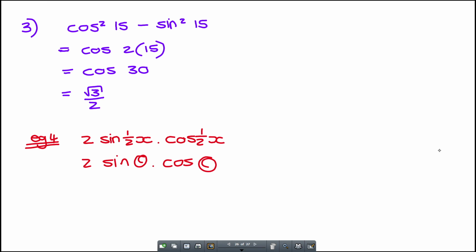Okay, so nou gaan ek daai eerder skryf as sin 2 keer 'n half x. Nee, want is sin 2 theta gewees. Okay, en 2 keer 'n half gee eintlik vir my 1. Wat beteken hierdie is eintlik sin x. En hulle wou dit gehad het in terme van sin x.